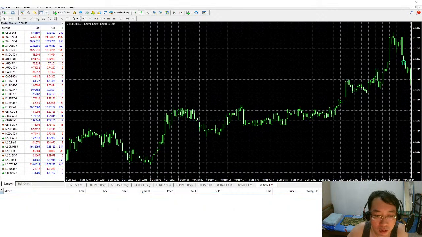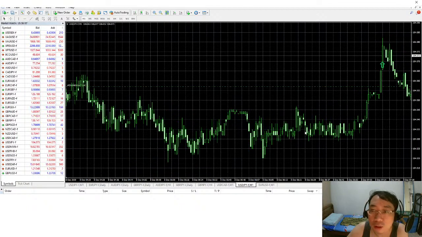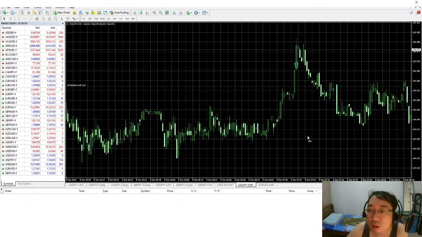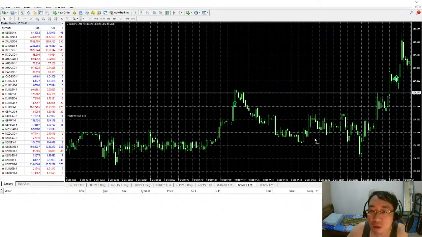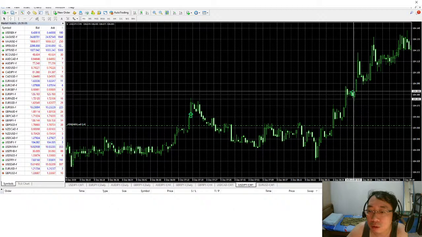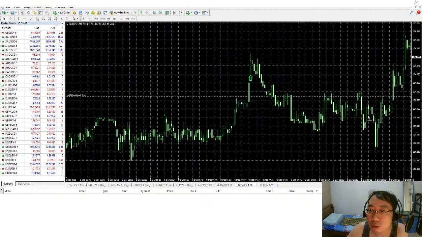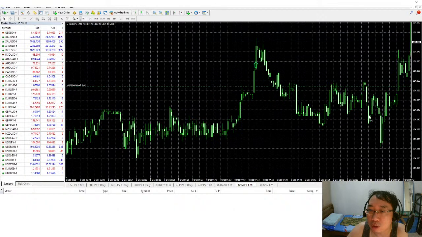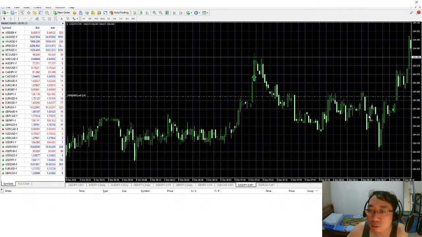So what was next? The next one was somewhat of a losing trade. USD back to USD Japanese yen at 849, around here. This one? Yeah, this one. 850, at 49. The signal was that I saw a breakout here.